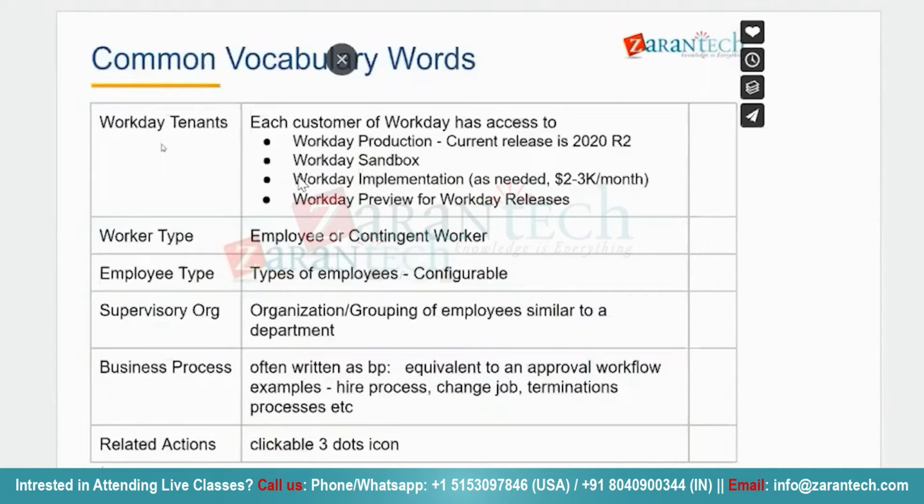And then there could be many types of employees, full-time, part-time, so all of that is configurable in Workday. And for supervisory or business process related actions, you could take a look at it, but I'll go into a little more detail in a little bit.